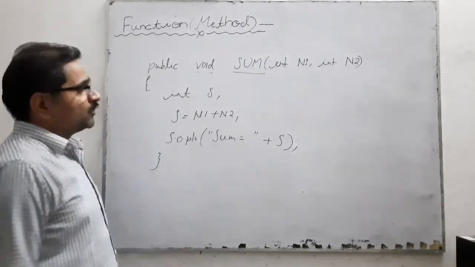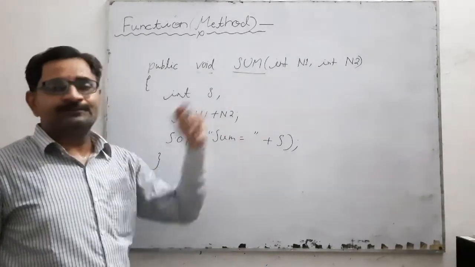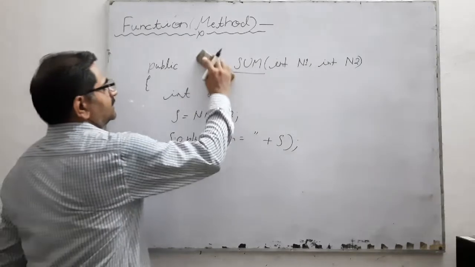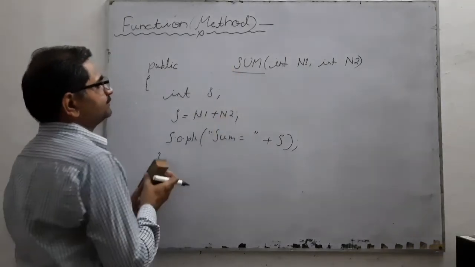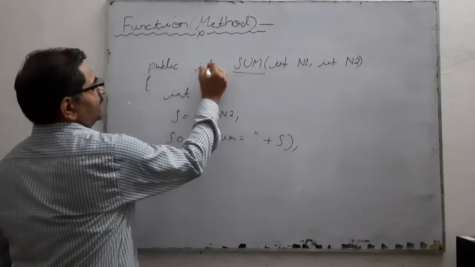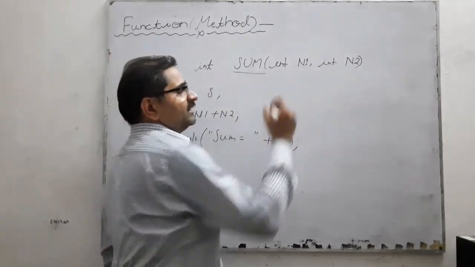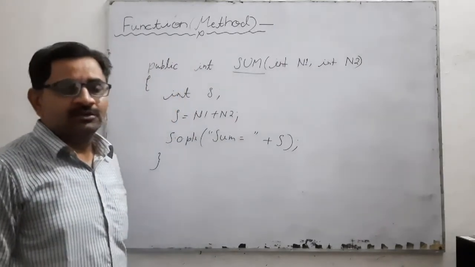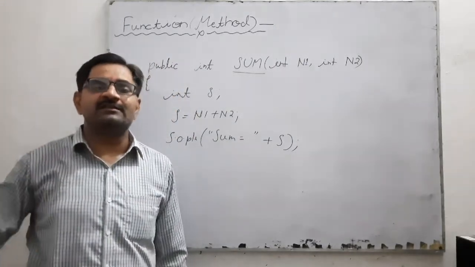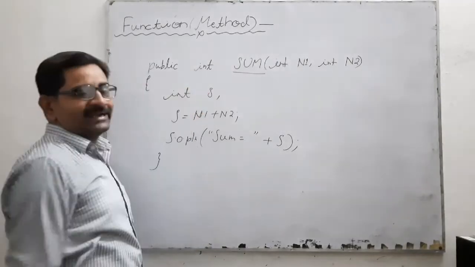Suppose if you want to return the addition of both values, here you can take the return type int. Since the operation is between integer values, the addition is also of integer type. That is why the return type is int here.